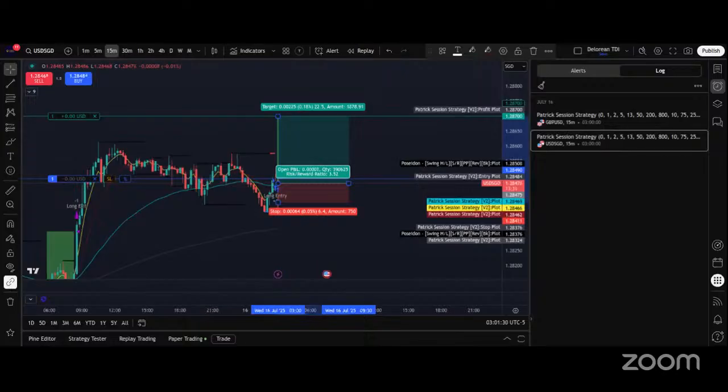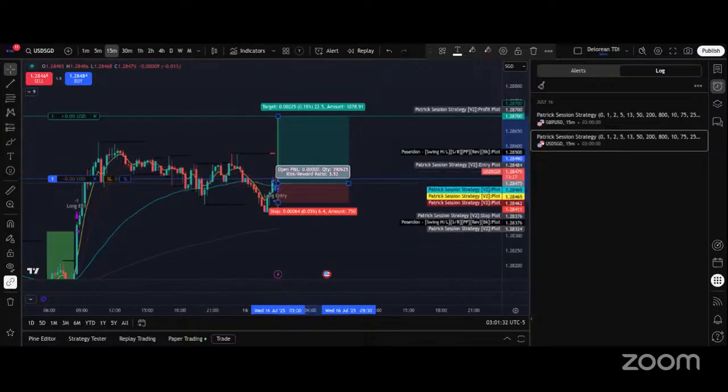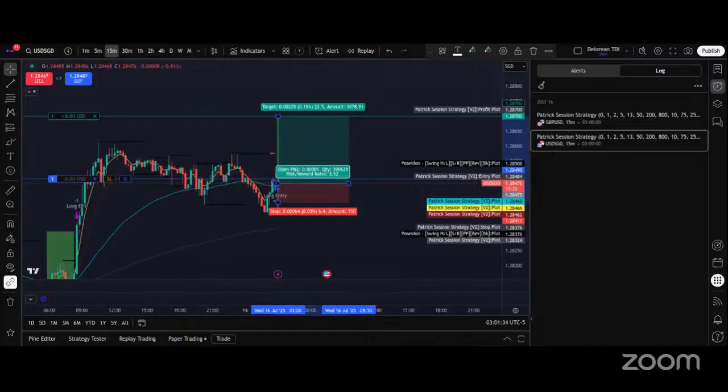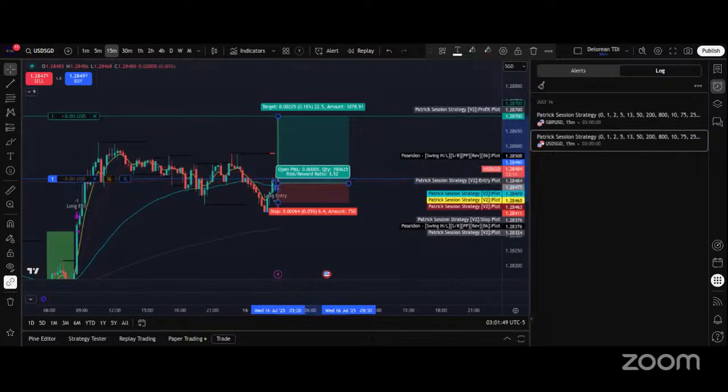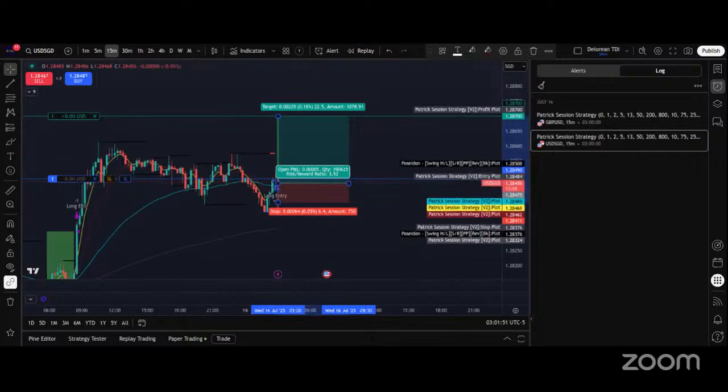All right, this is US dollar, Singapore dollar. 15-minute confirmation, market execution buy. Risk to reward is 3.52. Take profit is 1.287 even.